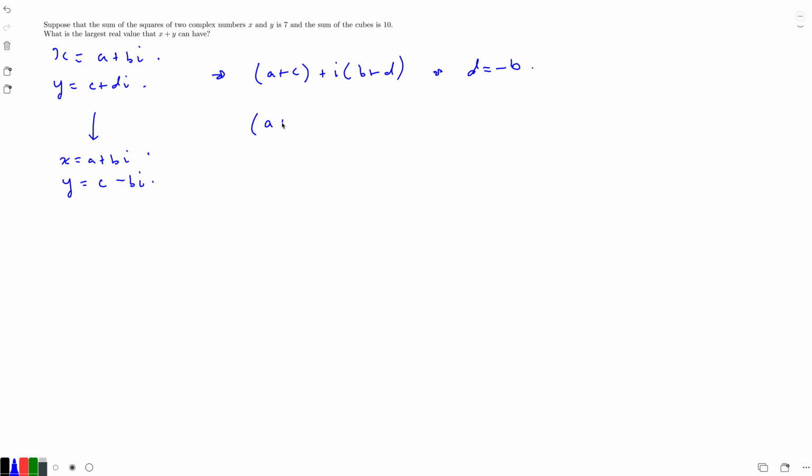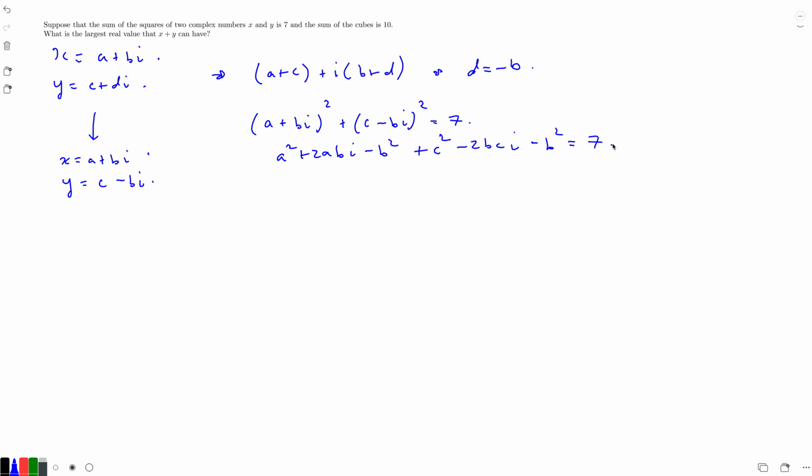We have a plus bi squared plus c minus bi squared is equal to 7. Expanding this out, we get a squared plus 2abi minus b squared plus c squared minus 2bci. No wait, that's b squared i squared, that's minus b squared. This is equal to 7.